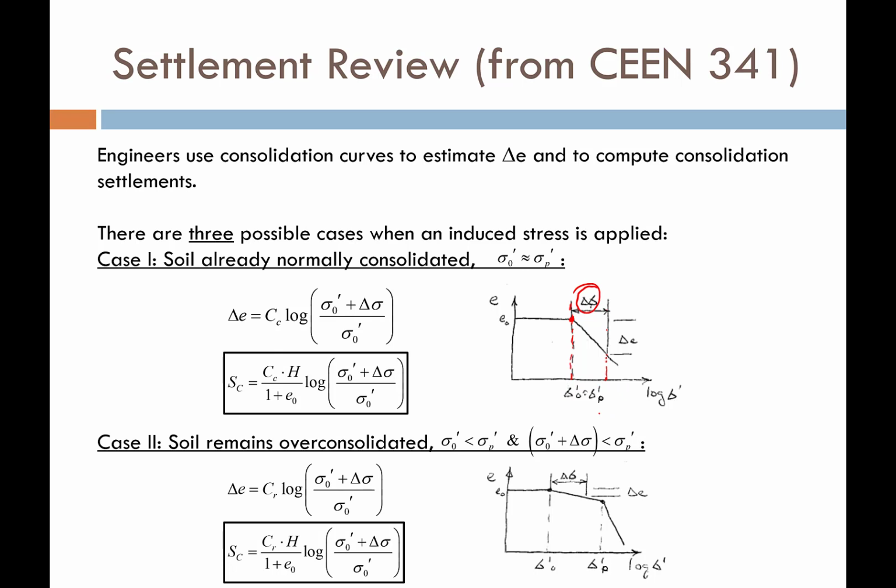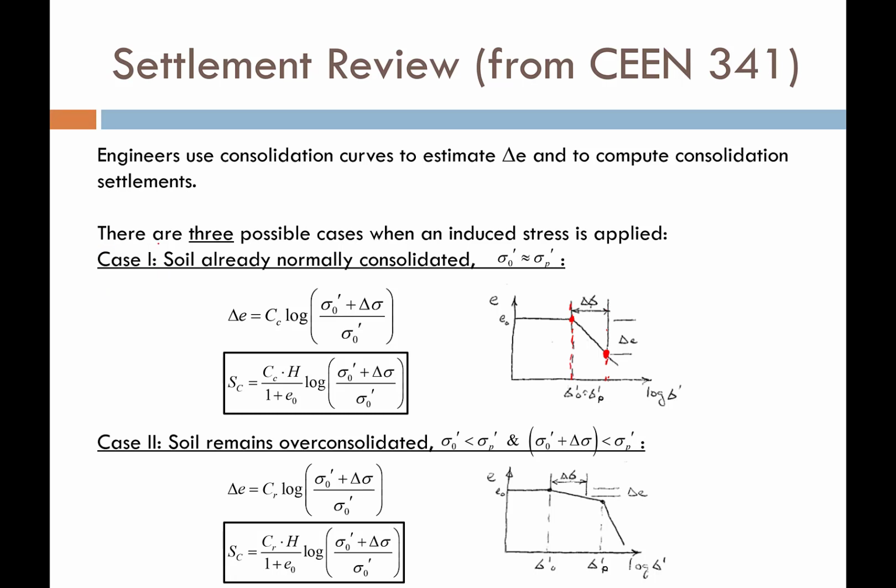Now with my induced stress, I'm just further down the compression line, and my new pre-consolidation stress will be equal to this guy right here. If that's what I have, then I have what I call case 1.